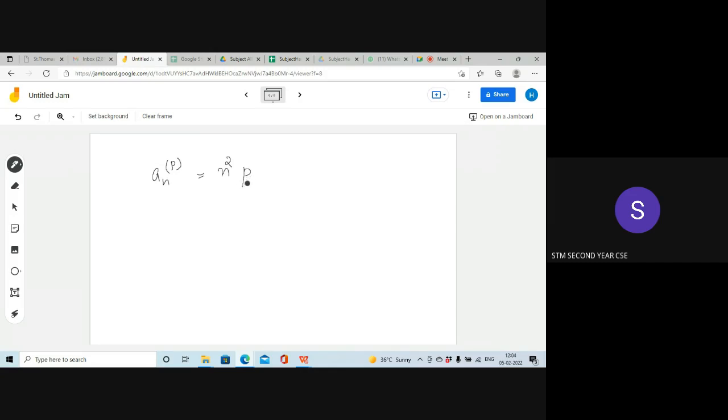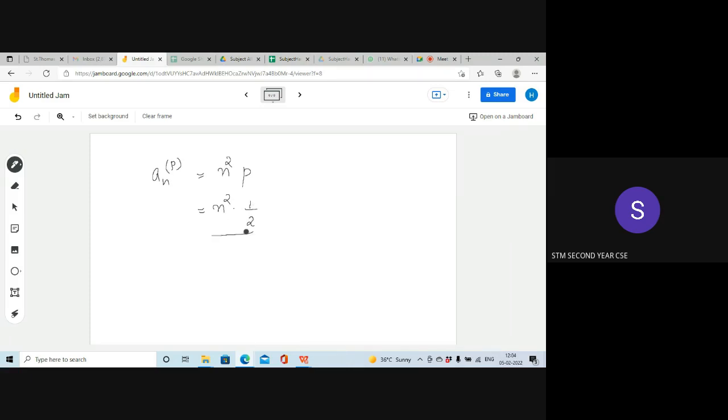Now what is the value of p? We got it as half. So this is equal to n square into half. So the particular solution an is equal to n square into half.